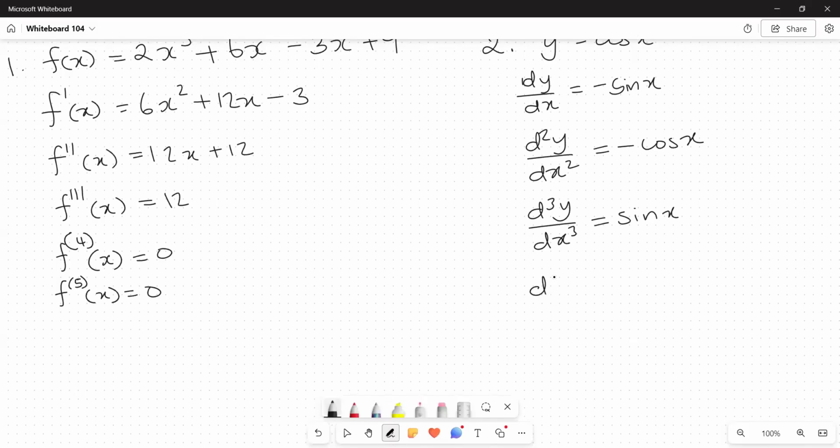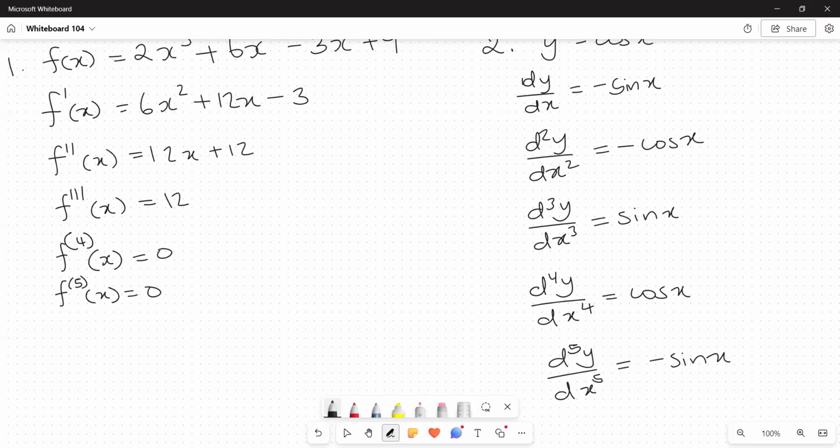Then the fourth derivative is cos x. And you can see this one here, you can continue an infinite number of times, okay? Because the derivative will never reach 0.